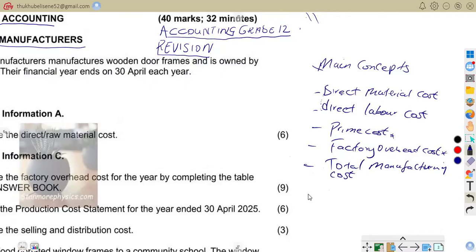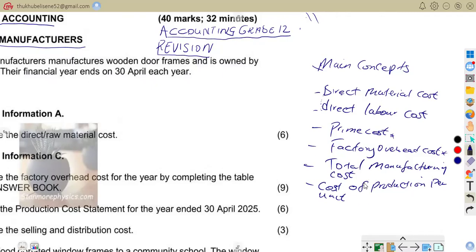Then we have also cost of production per unit. With that, we are going to say cost per unit. That is the cost of producing one item, in short. So cost per unit is equal to total manufacturing cost divided by the units produced.